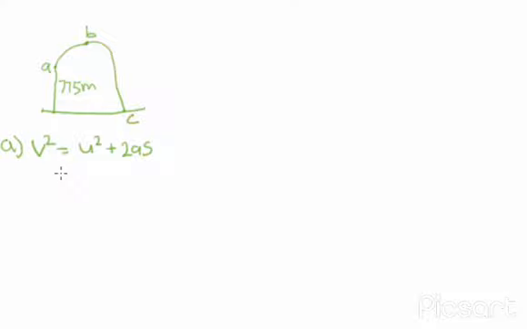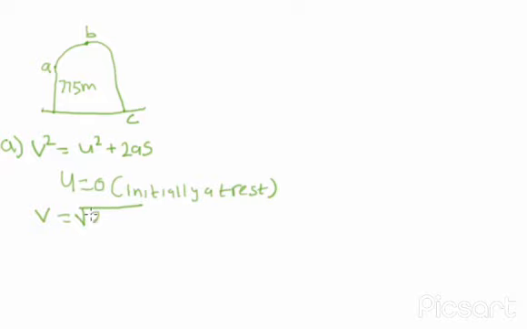So since U is equal to 0, initially at rest, then our V will be equal to the square root of 2as.